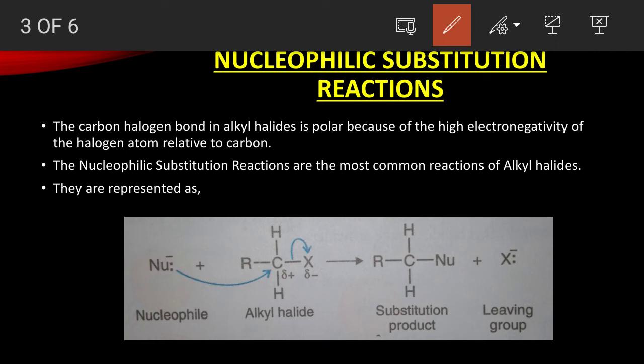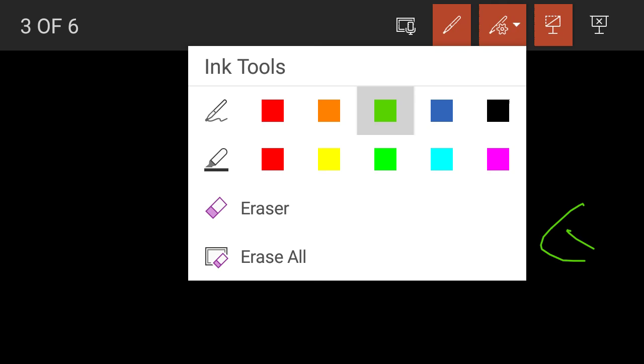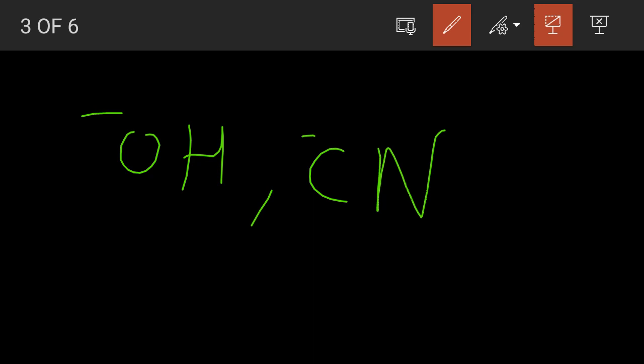Later, this anion is replaced by another anion, that is called a nucleophile. Nucleophile means any negatively charged particle like OH minus, CN minus, or Cl minus, any halogen.